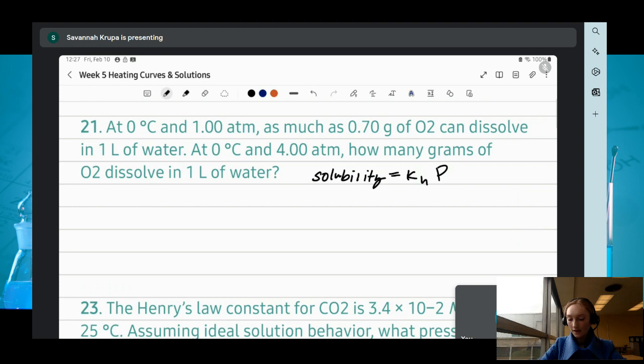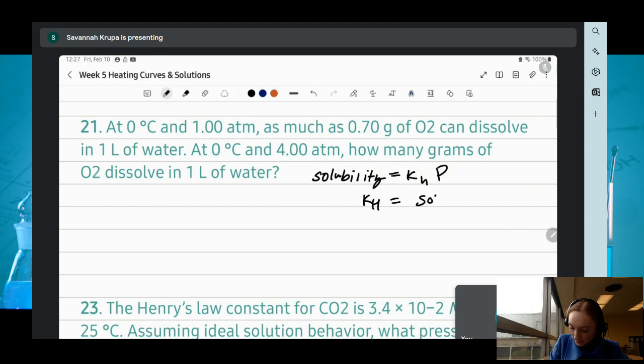So we have to figure out this KH value first, for the beginning portion of this problem, and then we can figure out later, for a different scenario using the same KH value, how many grams have dissolved. So basically, let's figure out the KH first.